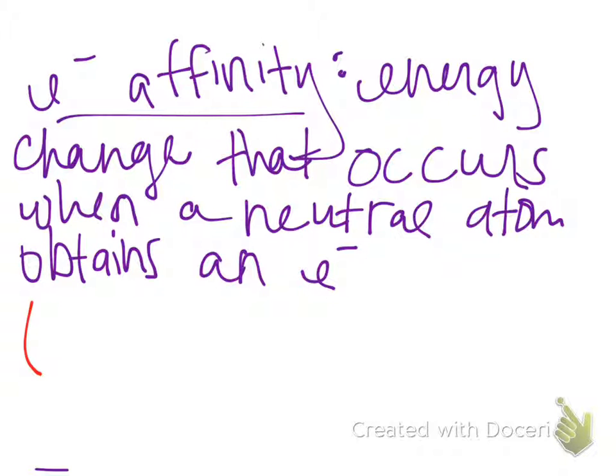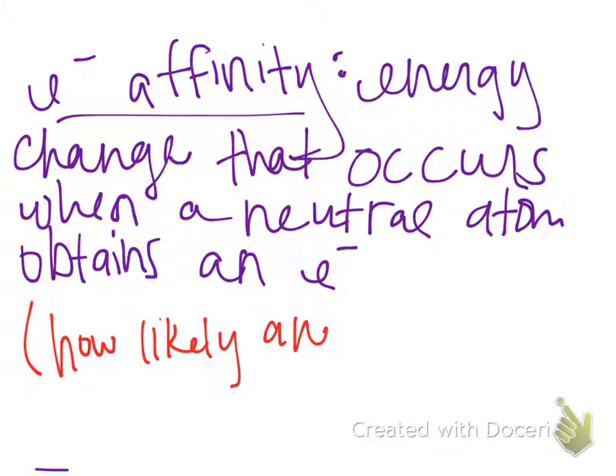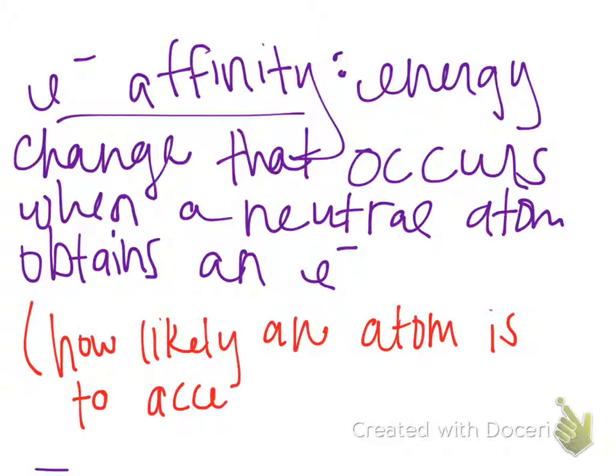In a little bit shorter words, electron affinity is asking us how likely an atom is to accept an electron. That's kind of in short words what electron affinity is telling us.